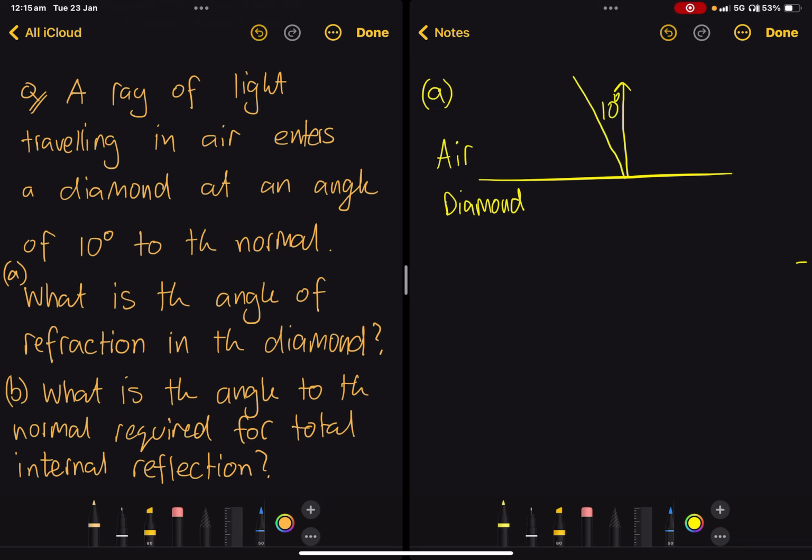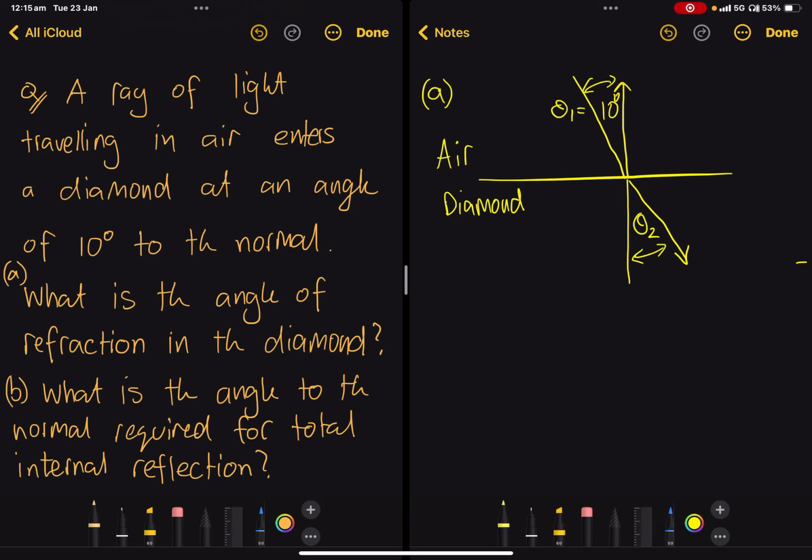When this moves into the diamond, it will generate an angle like this, which we'll call theta 2. So theta 1 is the angle to the normal when the light hits the diamond, and then you get a change of direction of the light, and we get a new angle, theta 2.